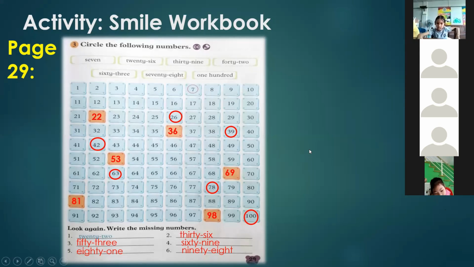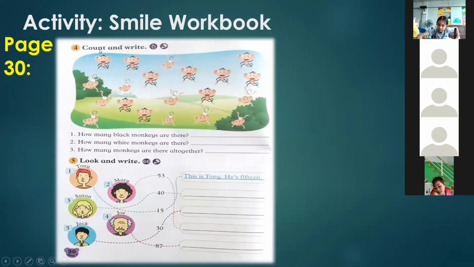Okay, so we will move on to our last activity for today. On page 30, exercise number 4, count and write. We're going to count how many monkeys there are. Let's read the question first. How many black monkeys are there?